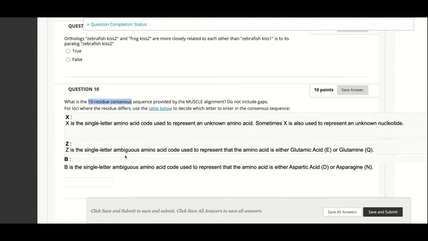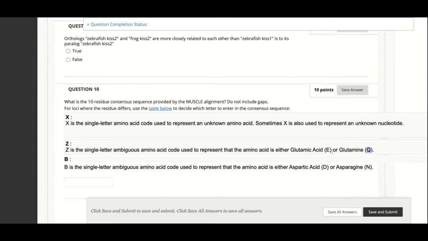Z is if your amino acid represents either glutamic acid or glutamine. So when you're writing the consensus, imagine that at one spot of the sequence, some proteins have an E, some proteins have a Q. And you're thinking, I don't know which one to pick, E or Q. Do I just pick whichever appears the most often?